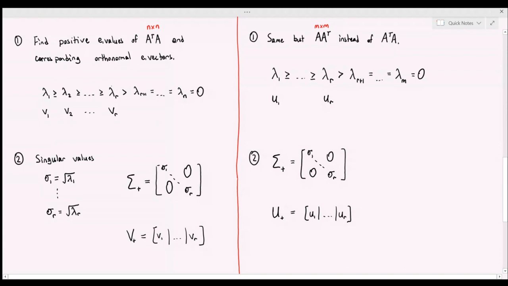So then lambda r will be the smallest one which was positive. And then the rest of the eigenvalues, if there are any, would be equal to 0, okay? And then v1, v2, up to vr, these would have been the orthonormal eigenvectors that you found, corresponding to these positive eigenvalues.